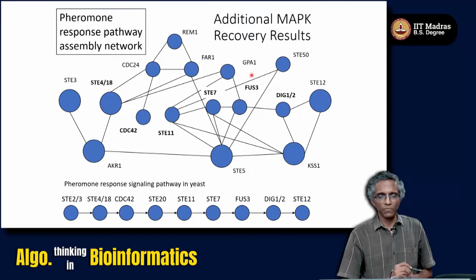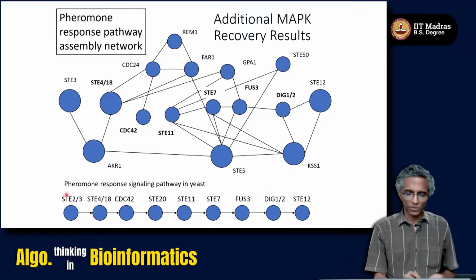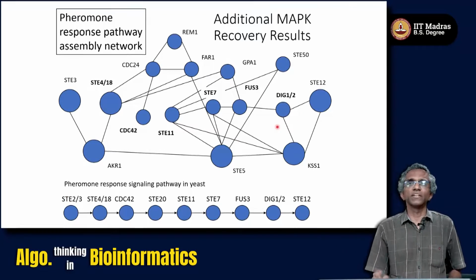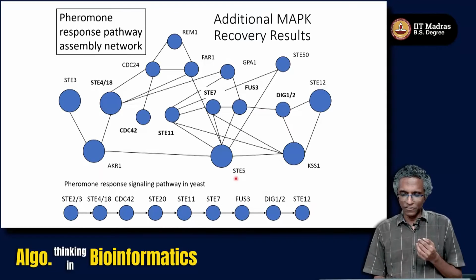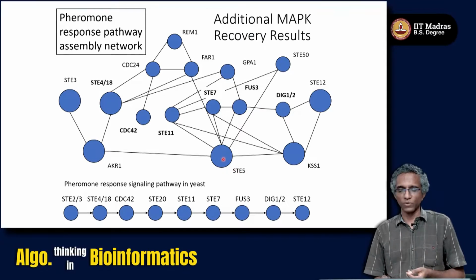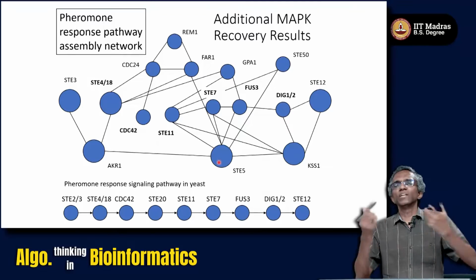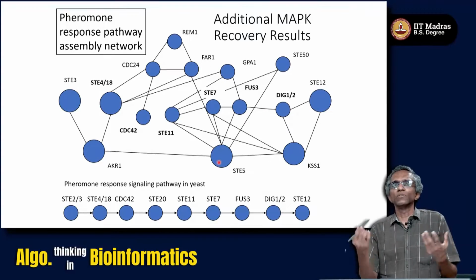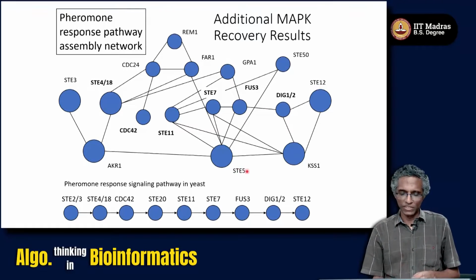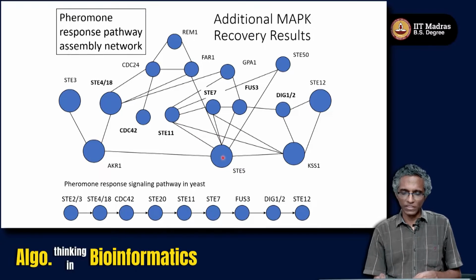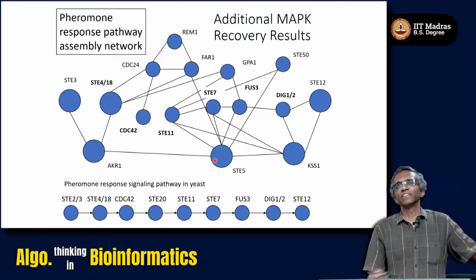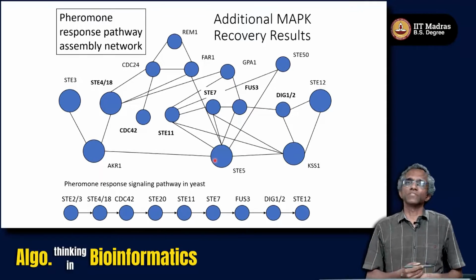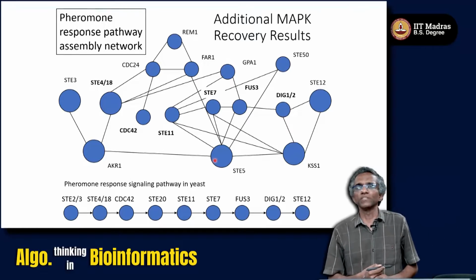There are also these multiple signaling pathways that you can piece together into a larger network, and that network shows more interesting observations like STE5. So, STE5 is the scaffold protein which provides a framework onto which other proteins can bind. STE5 provides a framework for STE11, STE7, FUS3 and STE50 to bind, and so those are also recovered in this network driven fashion by the color coding algorithm.